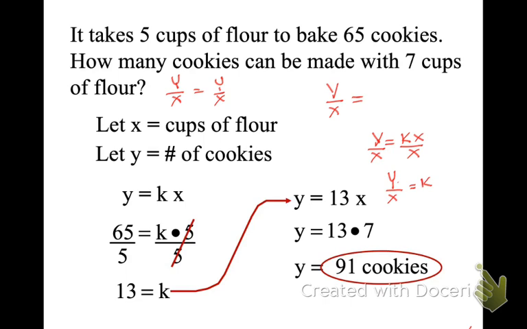Basically, if I want to call this cookies to cups, I could set this up as 65 to 5 is equal to 7 cups of flour. So 7 goes down here to x.